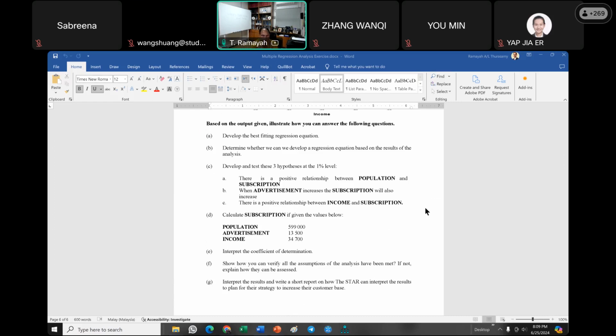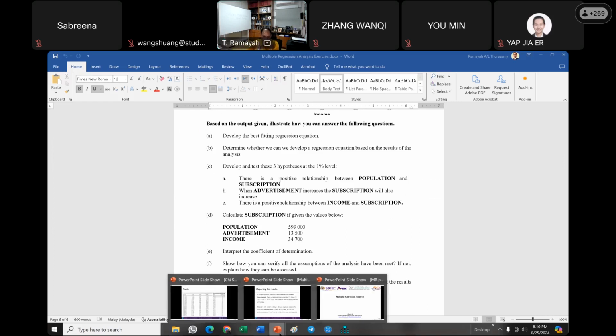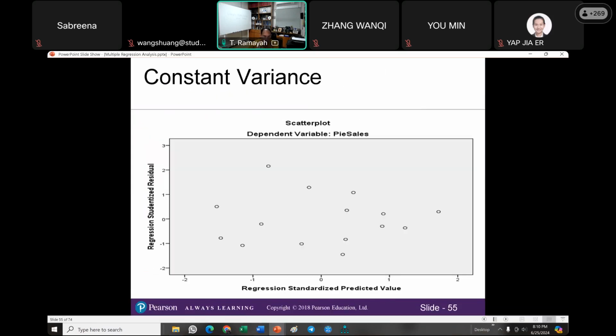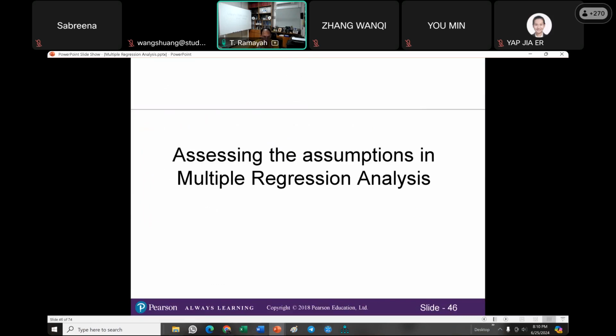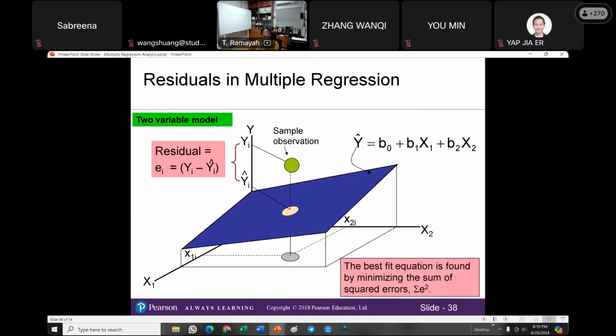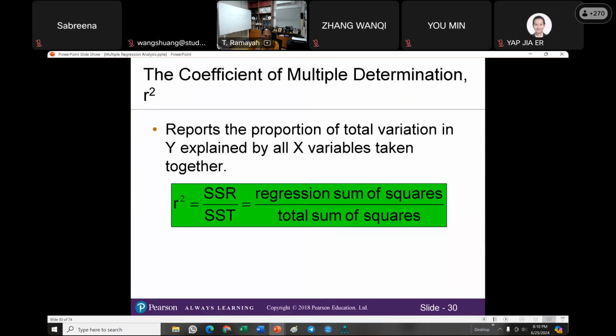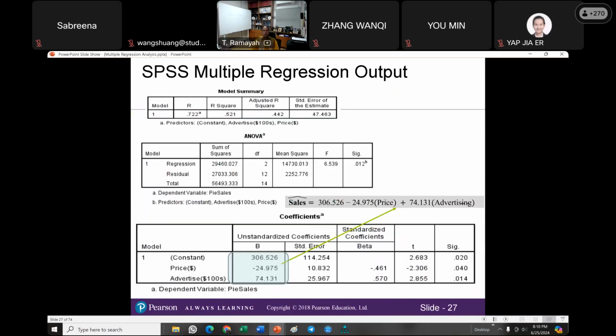Okay, like I already mentioned, when you are writing your regression equation, we already discussed this, right? Where do you get them from? Okay. Now look at the output and write the equation.